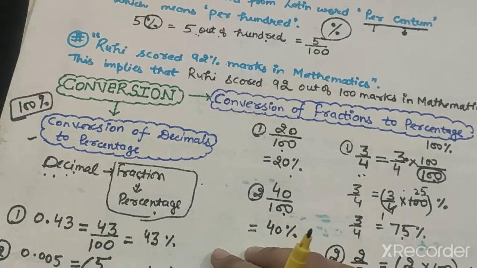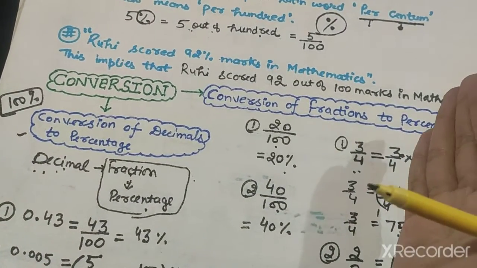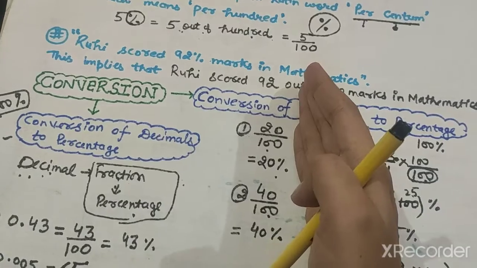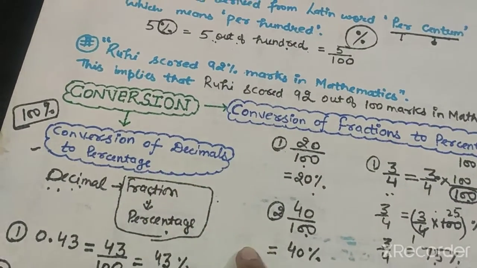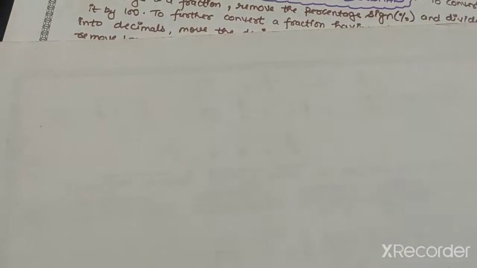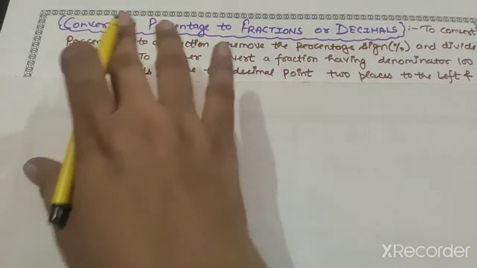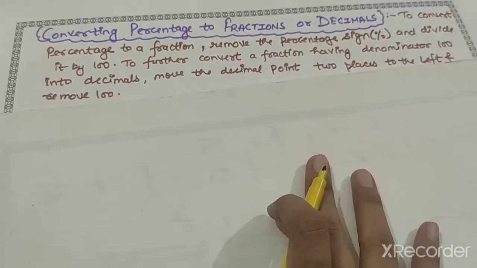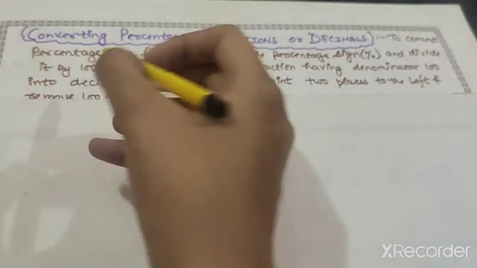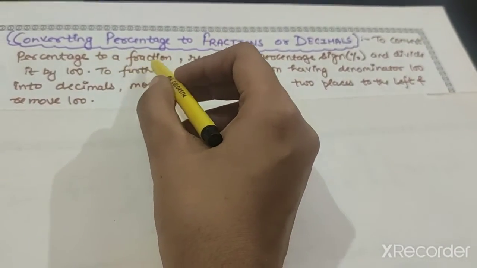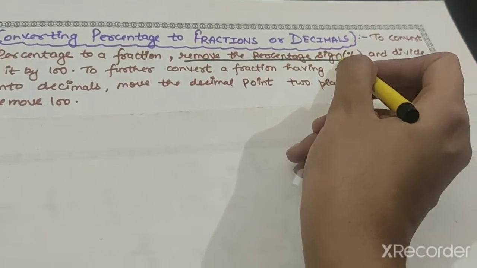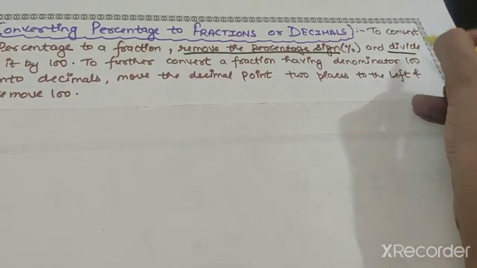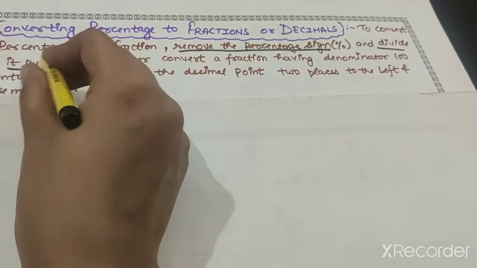Now let us look at one more conversion, that is conversion of percentage into fraction or conversion of percentage into decimals. So here it is. Converting percentage to fractions or decimals. To convert a percentage to a fraction, remove the percentage sign and divide it by 100.